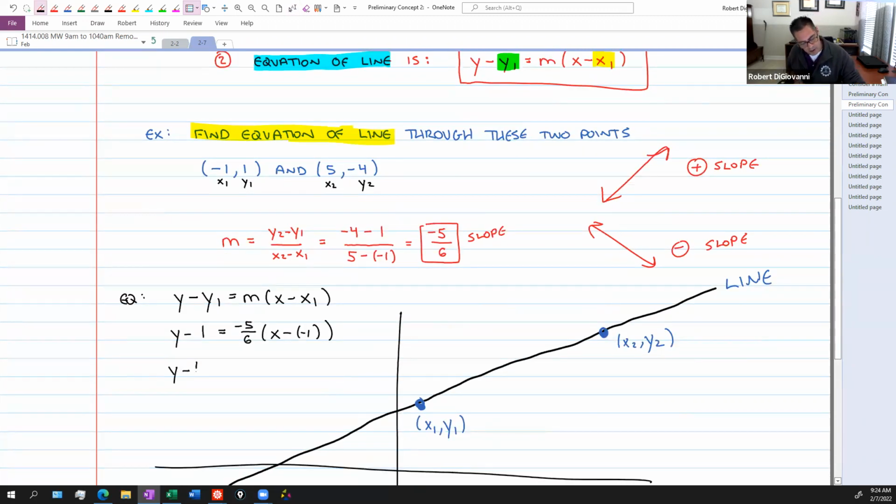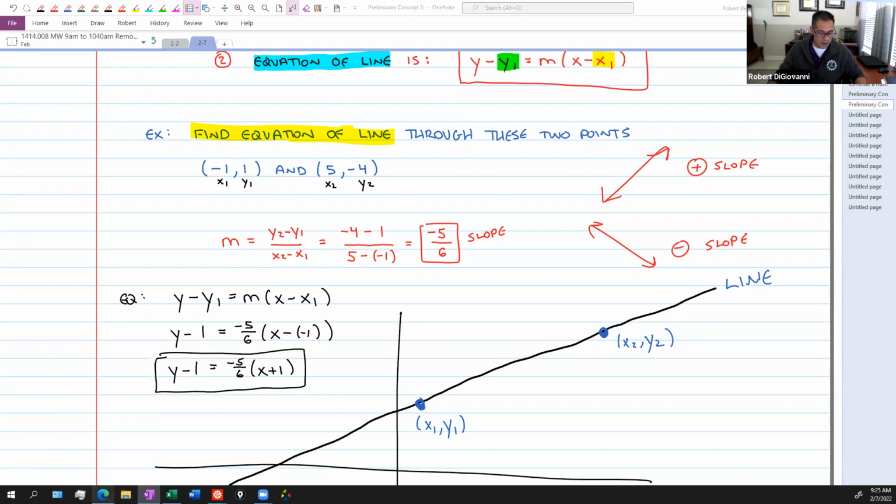So we get y minus 1 equals -5/6 times x plus 1. And that is the equation of the line. You can move things around, like add 1 to both sides, or distribute that through. I'm just going to leave it like this, because that is an equation of a line.